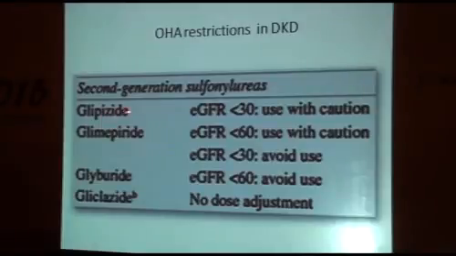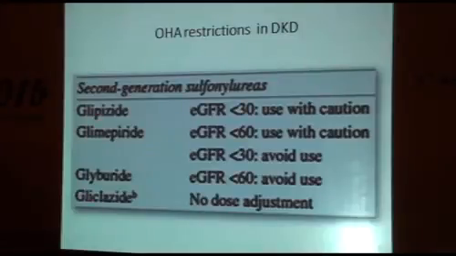When it comes to glipizide, the metabolites produced after metabolism by the liver are inactive. So there is no active metabolite with regard to glipizide, so it could be used even in advanced kidney disease. The same is the case with gliclazide.